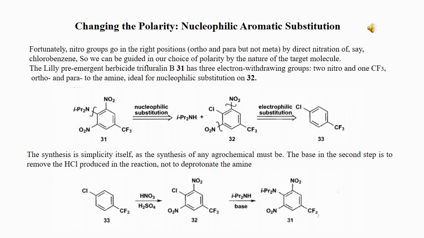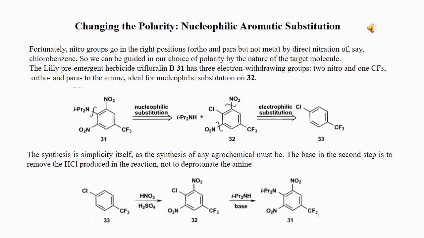Now further, 32 can be synthesized. If we do the retro, we consider that these nitros were not present over there. We do the disconnection of the C-N bond, so the synthon for that was 33. We just do the nitration of 33. Now that synthesis has been shown in the reaction given below.